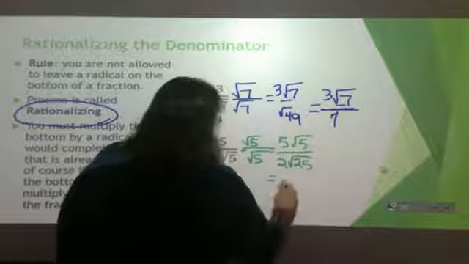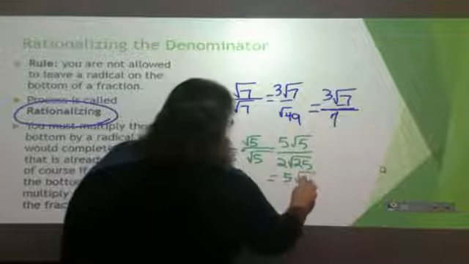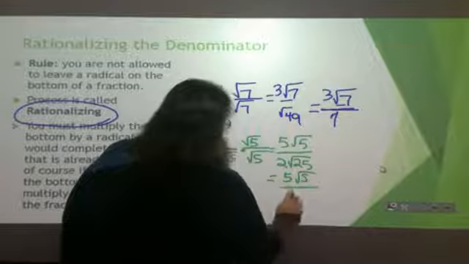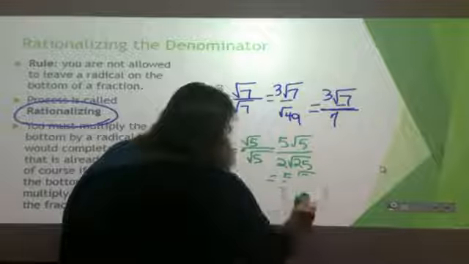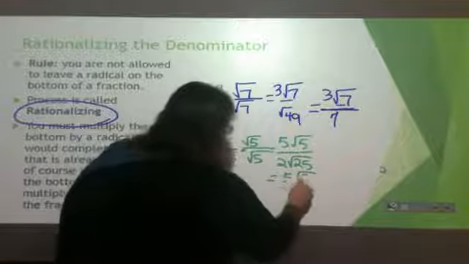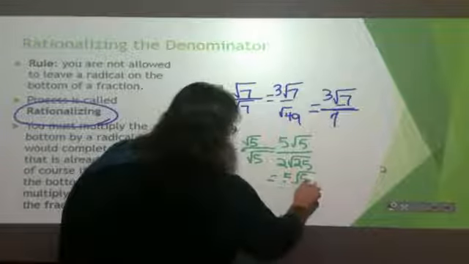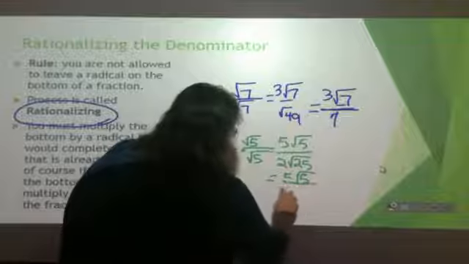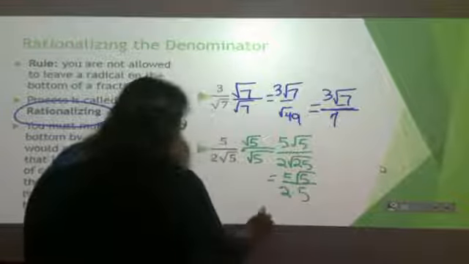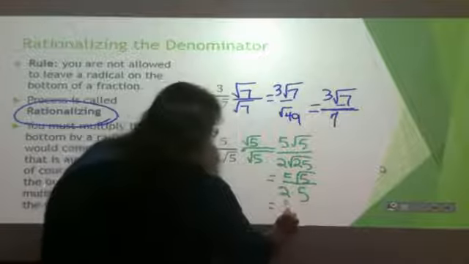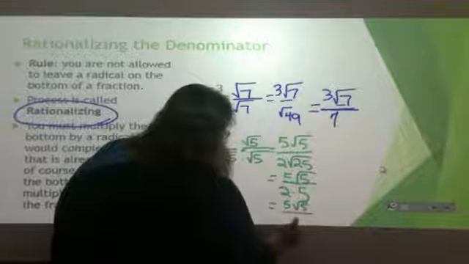If I simplify the bottom, square root of 25 is 5. So 2 times 5, so I end up with a 10 on bottom, 5 square roots of 5 over 10.